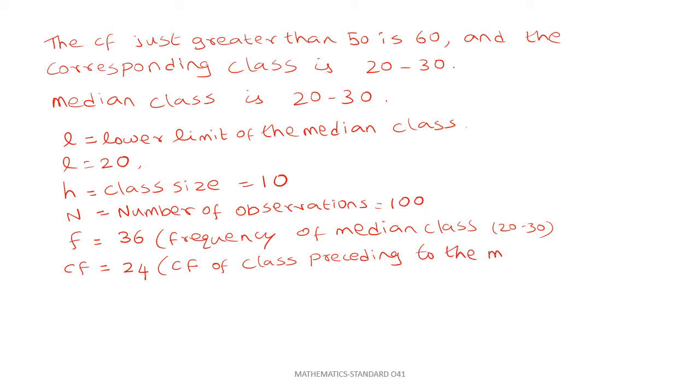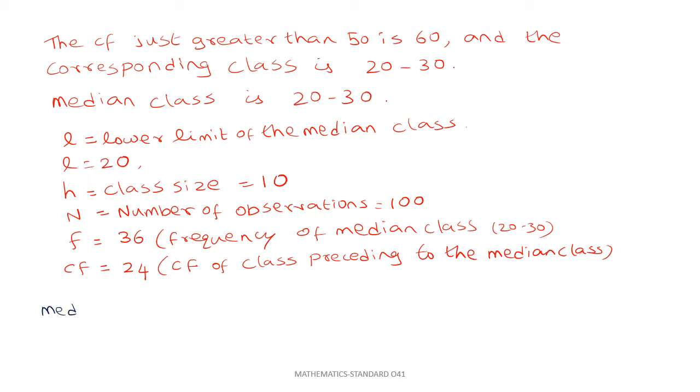Preceding the median class. So 20 to 30 is the median class, so you have to find for 10 to 20 the CF value from the table. That is 24. Now we know all the values. Substitute all the values and you can find the answer.